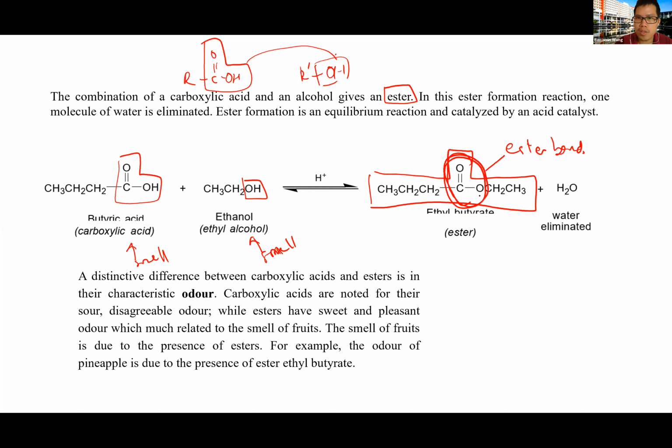Once you form the ester, it doesn't behave like an acid or like an alcohol, and it doesn't smell like either of them. You also form water during the reaction.